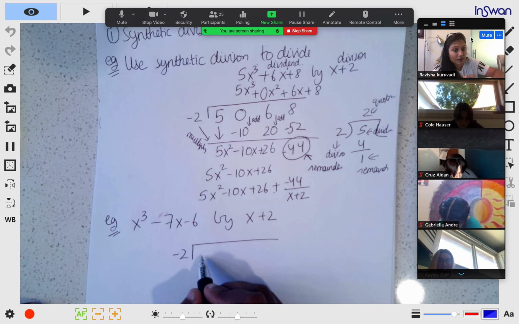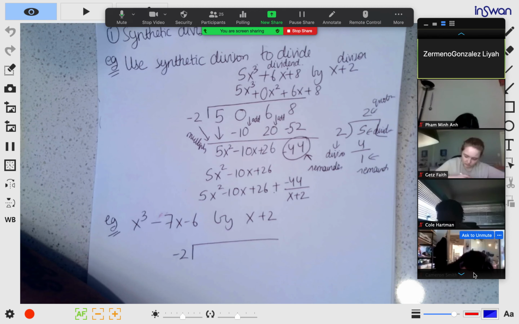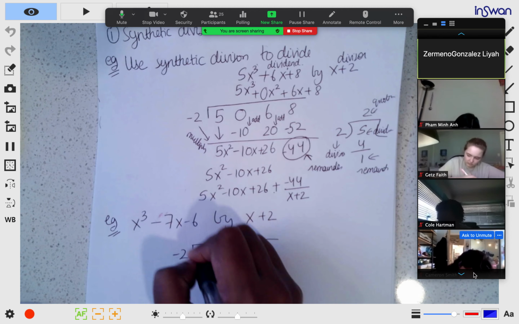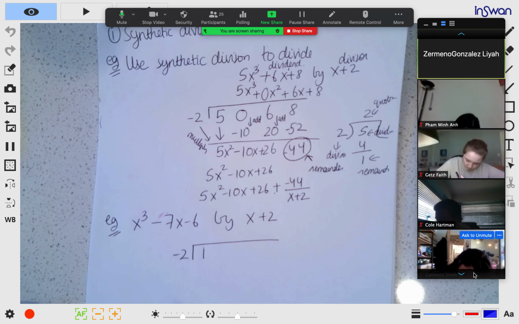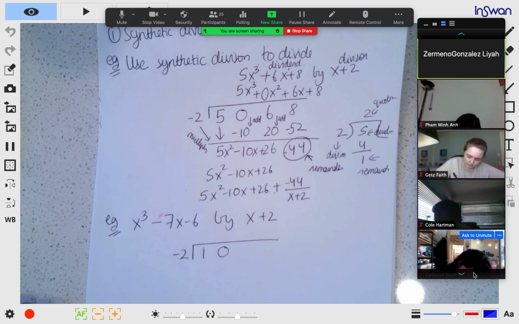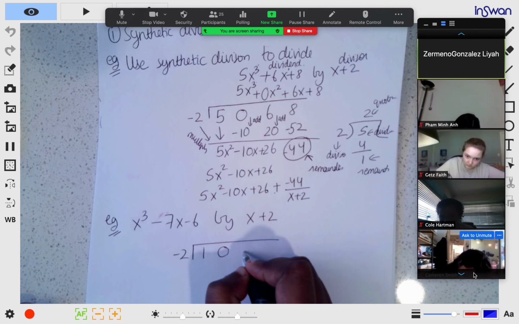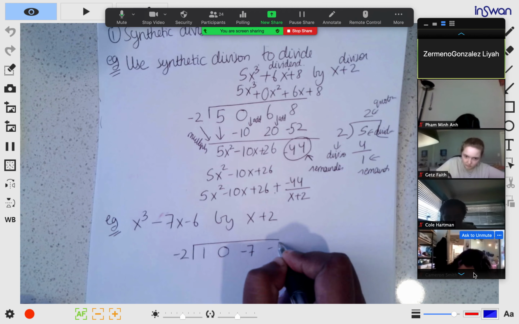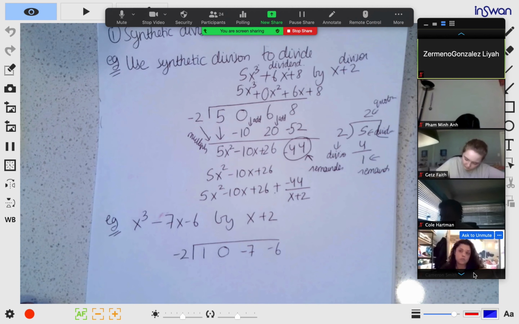Is it 1? Yes, because x cube has 1. If it's nothing, there is 1. After that, you're going to put a 0 because x square is missing. Yeah. Then -7 and -6. Perfect.